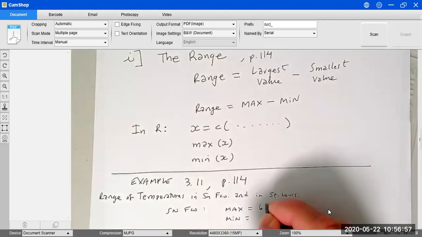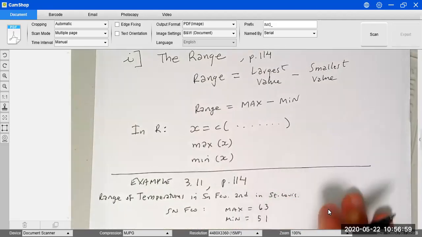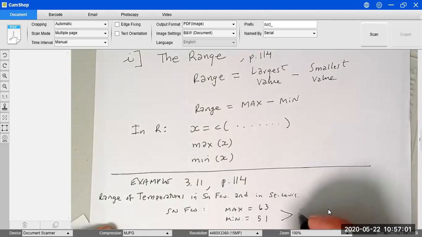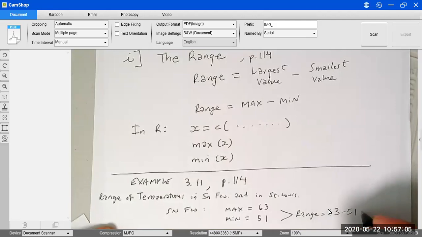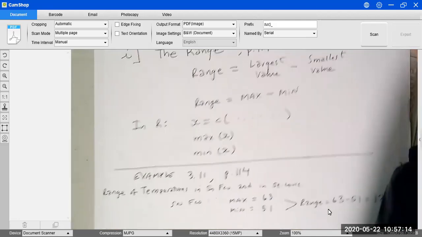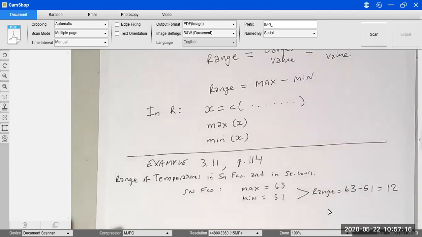So the range is 63 minus 51, and if you use your calculator, this is just 12. So 12 is the range of the temperatures of San Francisco.